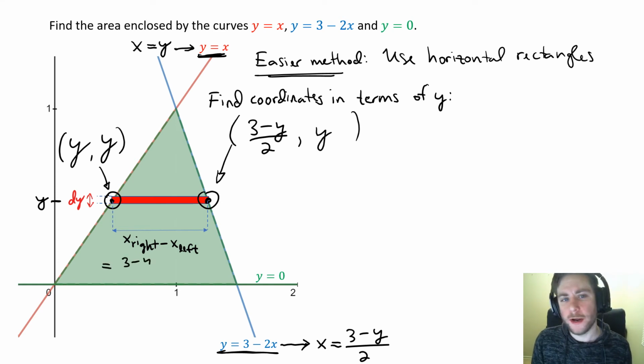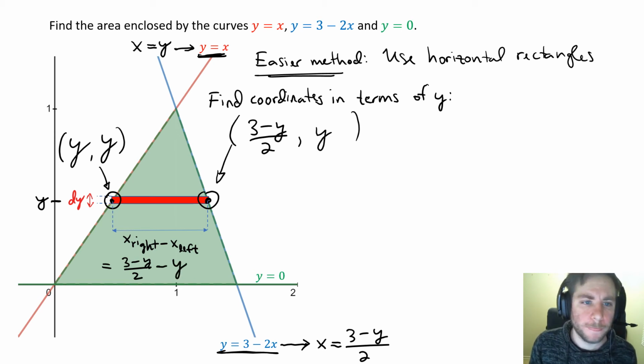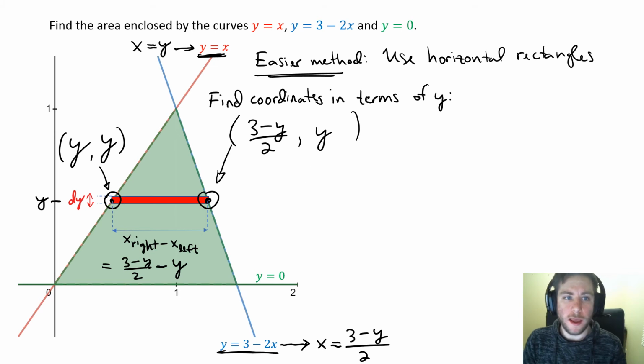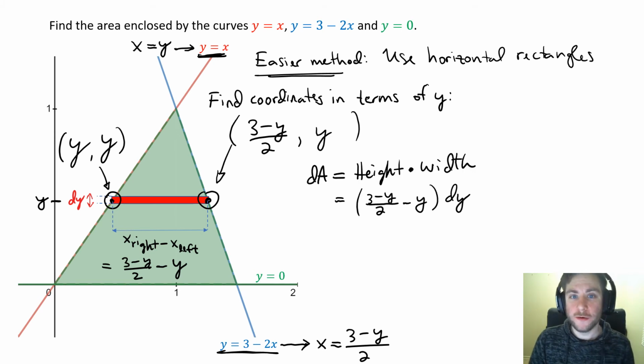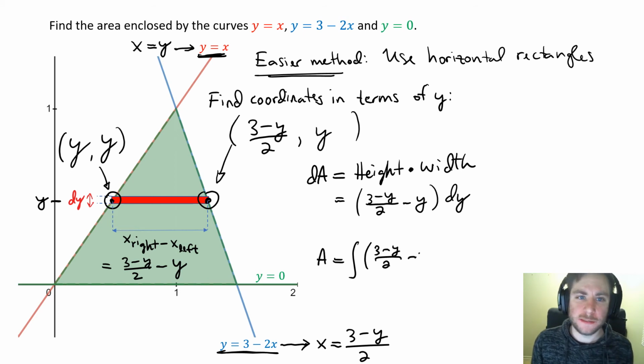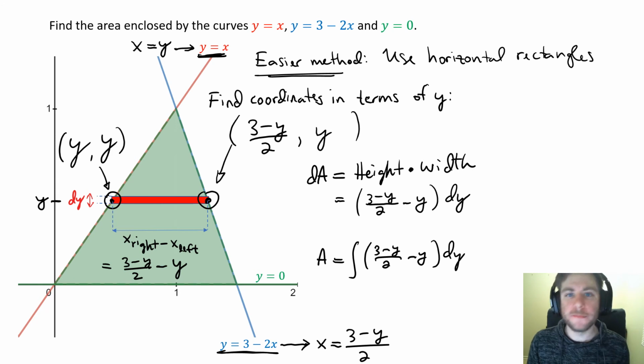On the right, our x-coordinate was 3 minus y over 2, and on the left, it's y. And now that we've got our height and width, we can multiply them together to form dA. Next, we integrate this expression to signify the adding up of all these rectangles.